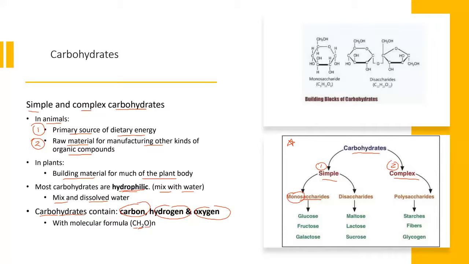Mono means one unit. Okay, disaccharides, the other type of simple carbohydrates. Di means two, two monosaccharides together. Okay. And the most important monosaccharides are going to be glucose, fructose, and galactose.